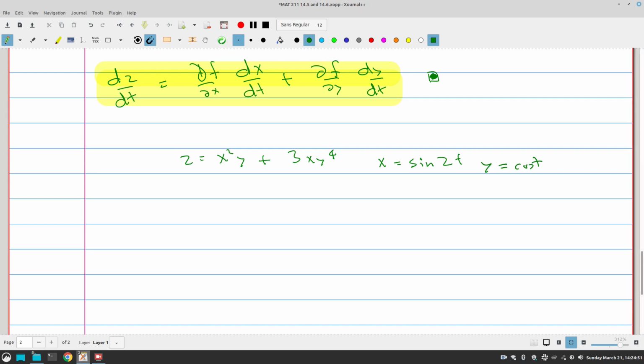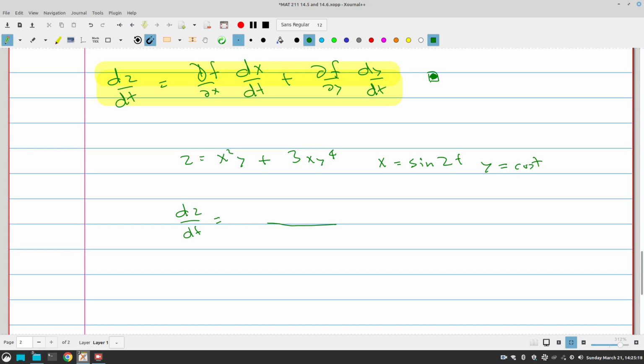We want to calculate dz over dt. Now there are two ways of going about this. We could just plug in the value of x and the value of y, and you would get dz over dt, but that would be pretty lengthy, right? So instead we use the chain rule.